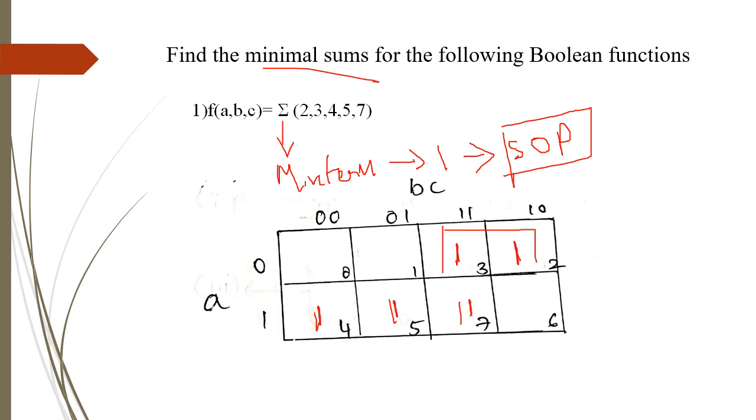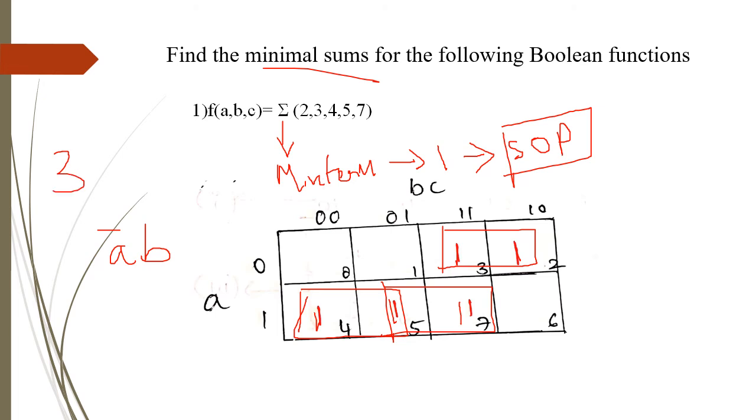So I can group this together, this together, and this together, that is 3 and 2, 4 and 5, and 5 and 7. If I group 3 and 2, then the expression I get is A bar B, where B is common. This is a 3 variable K-map.